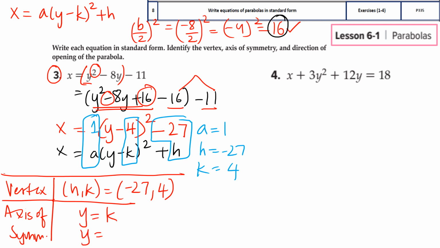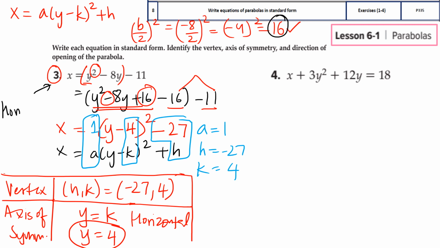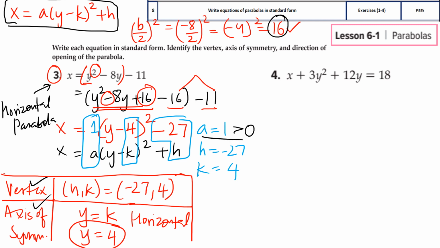So y equal to 4, and y equal to 4 passes through the point 0 comma 4 on the y-axis. So this is definitely horizontal, and that is why, because the axis of symmetry is horizontal, this question is on a horizontal parabola. And we already took the standard form as this one. Perfect. So vertex is done, axis of symmetry done, opening of parabola. So a decides your opening of parabola. a is positive.